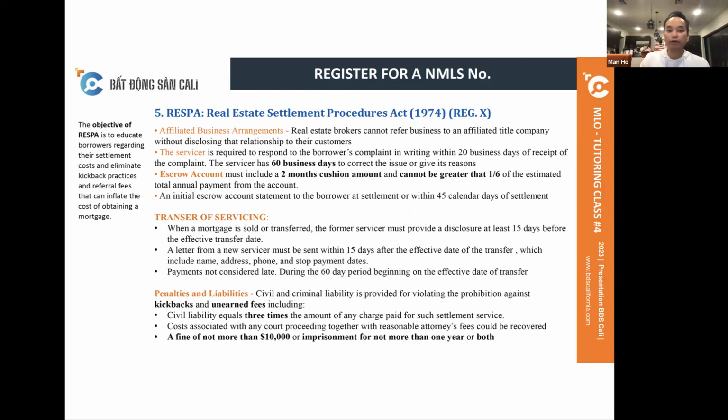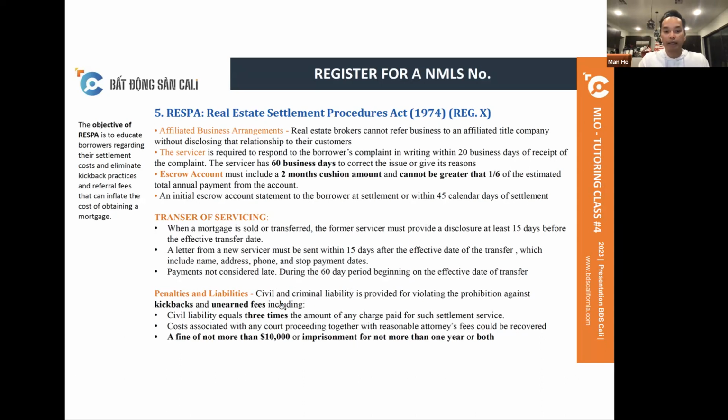So you actually legally have 60 days if you miss the payment. But if the escrow account has money in it, then that's okay. This also applies if a loan doesn't have an escrow account and the servicing is transferred: you still have 60 days, regardless of whether you have an escrow account or not. So that means you can miss one payment.